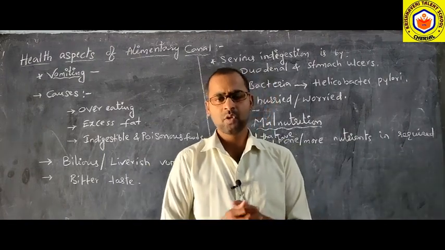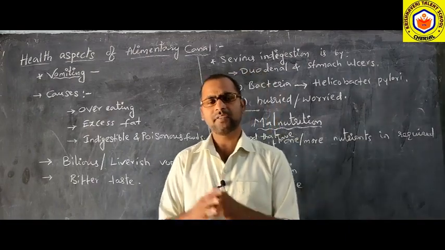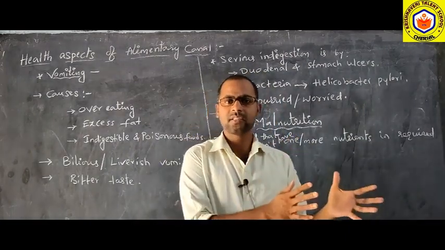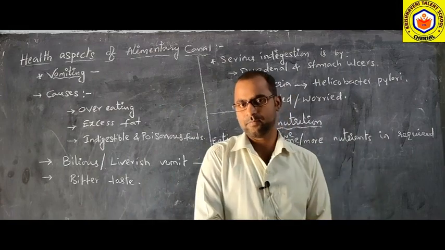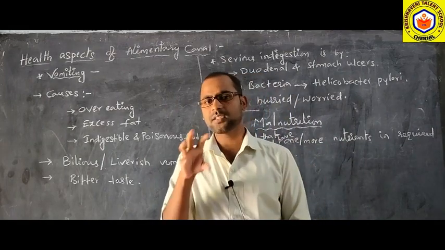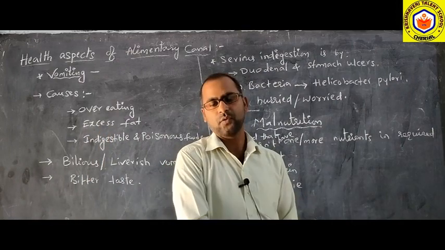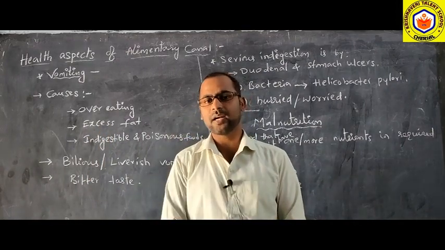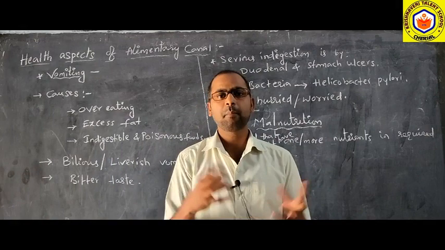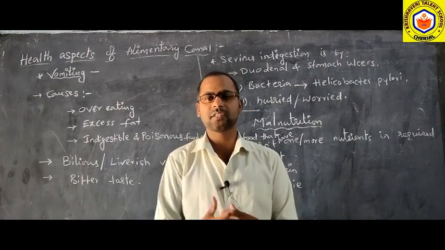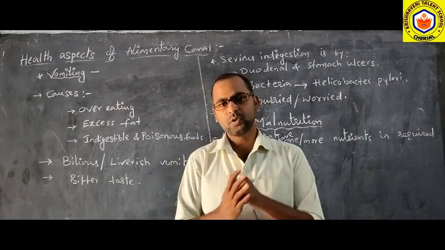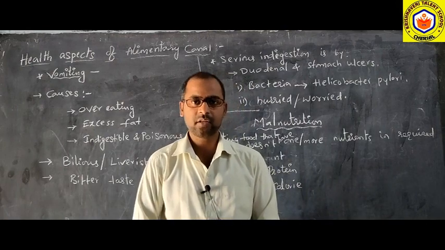Yes, so malnutrition means if in a food, either carbohydrates or proteins are lacking, that food is called malnutritious food. And if we are eating that type of food, we get malnutrition. We get some of the diseases that are due to malnutrition, right?